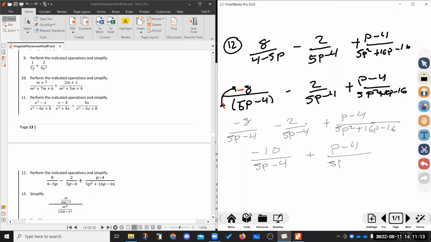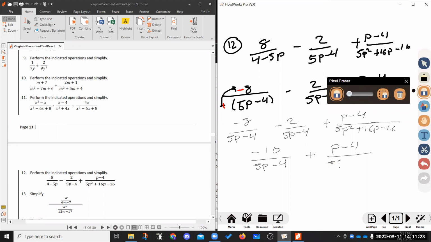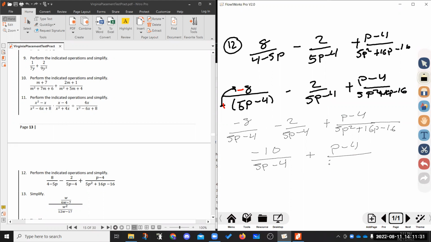Now I'm going to factor the denominator down here. That's going to give me 5p, and I assume I'm going to have a minus 4 with that and a p plus 4. It's going to give me 20 minus 4 is 16. So that means that I need to have my LCD of 5p minus 4 times p plus 4.